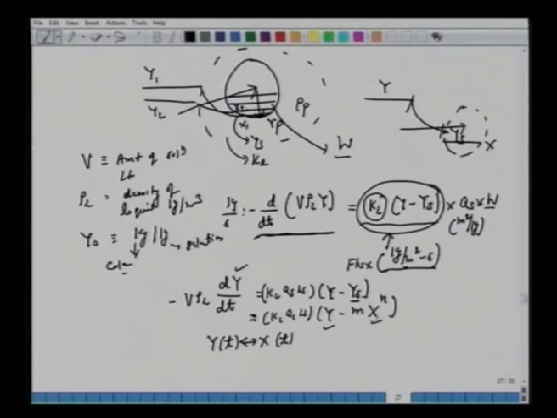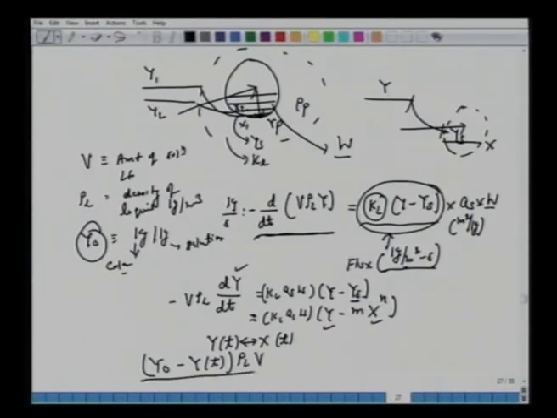Now one can also make a total balance at any instant. See, we start with Y0. So at any time, if the concentration is Y, that means Y0 minus YT, so much kg of color per kg of this solution has been transferred or has moved to the solid phase. So Y0 minus YT multiplied by, say, rho L into V.